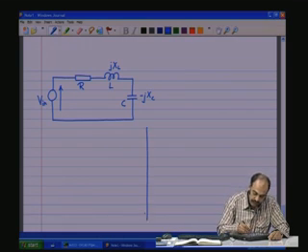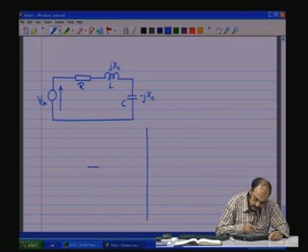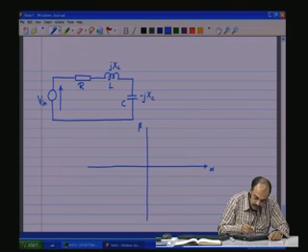And we draw this in the spatial, alpha beta coordinate system.